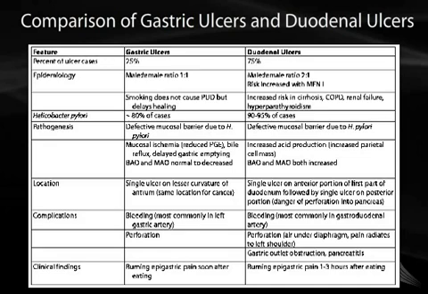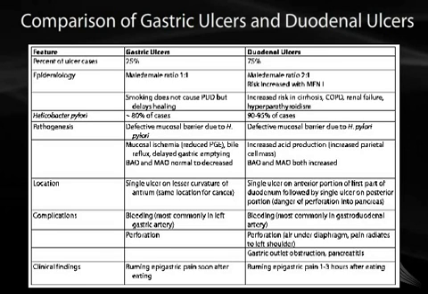Smoking does not cause peptic ulcer disease, but is associated with delayed healing and therefore can predispose patients to developing peptic ulcer disease. And can delay healing, meaning that patients who smoke have a longer course.